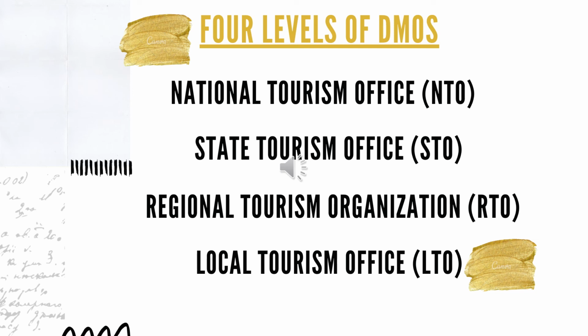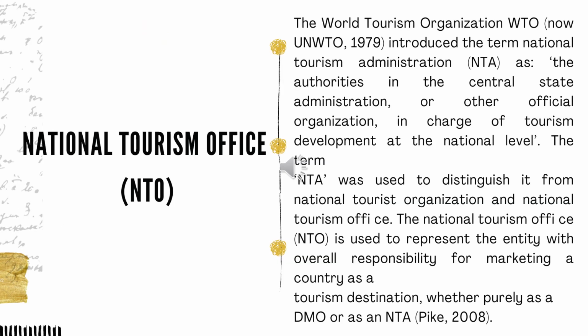It should not be the DOT's responsibility alone; rather, they provide a specific organization and offices that will focus on improving the marketing and management approach of a specific destination. So we have here the 4 levels of DMOs: National Tourism Office, NTO; State Tourism Office, STO; Regional Tourism Organization, RTO; and Local Tourism Office. Now let's have a very quick overview of the responsibilities of these offices.